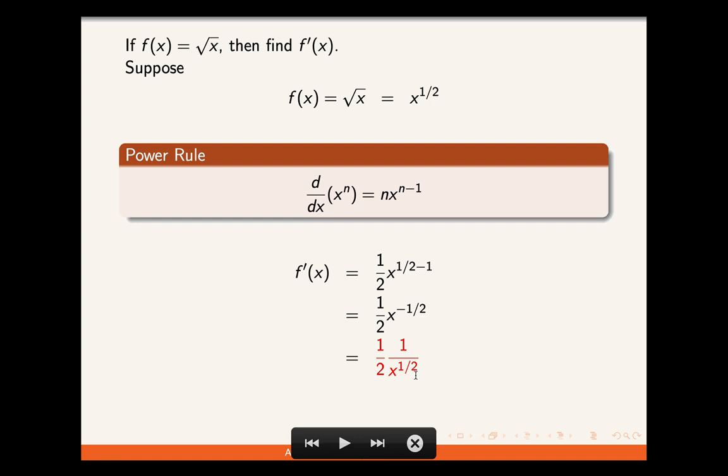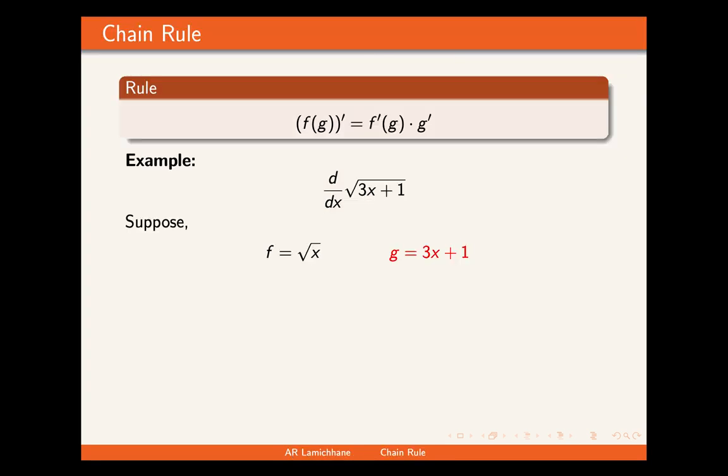And if you also want to change the exponent back into the radical, this will be 1 over 2 times the square root of x. So this is the derivative of the square root of x. Okay, so the derivative of the square root of x is 1 over 2 times the square root of x.